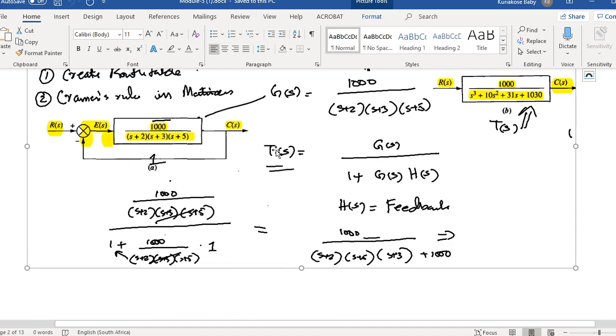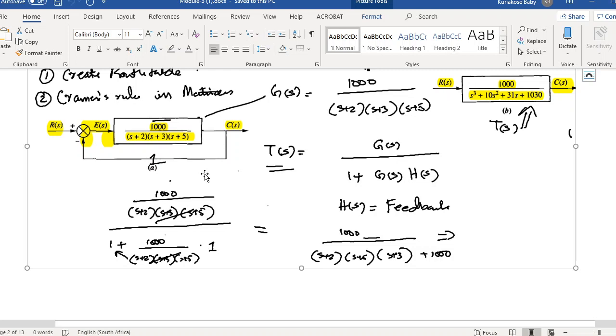Now to calculate the closed loop transfer function, the equation is G of s, which is already given here, divided by 1 plus G of s into H of s. In this case, H of s is the feedback, and it is a unity feedback, which means that it is equal to 1.